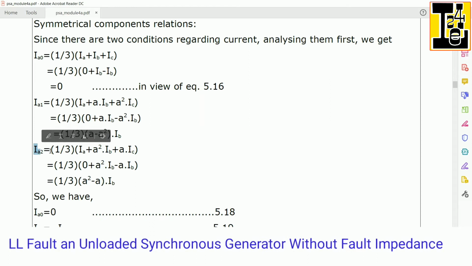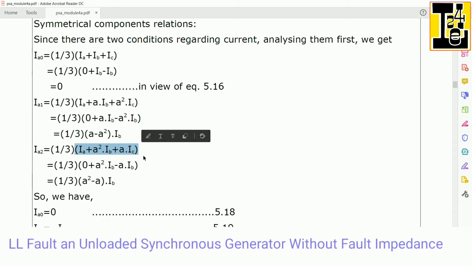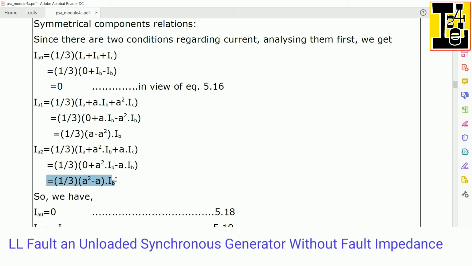IA2 is equal to 1 by 3 into bracket IA plus A square IB plus A IC. Substituting for IC as minus IB, we get IA2 is equal to 1 by 3 into bracket A square minus A into IB.